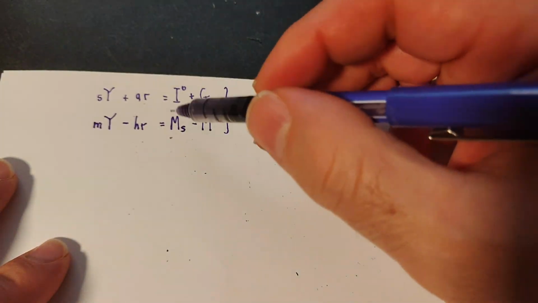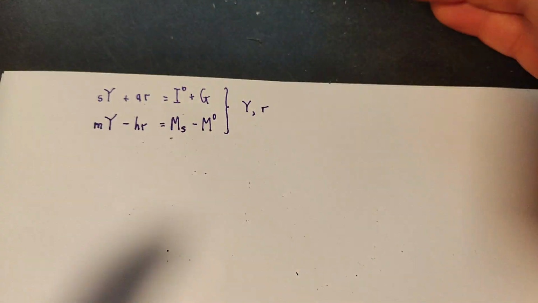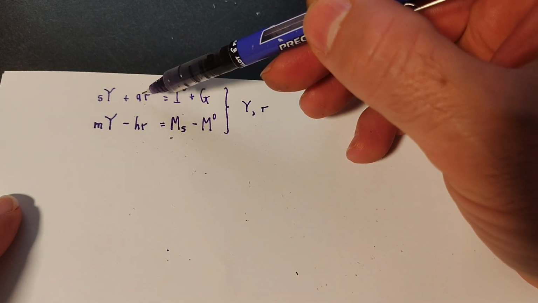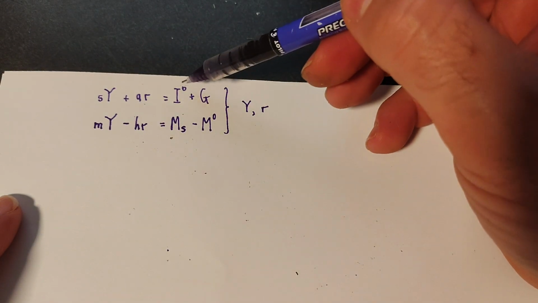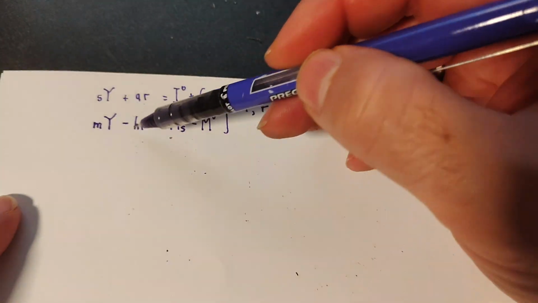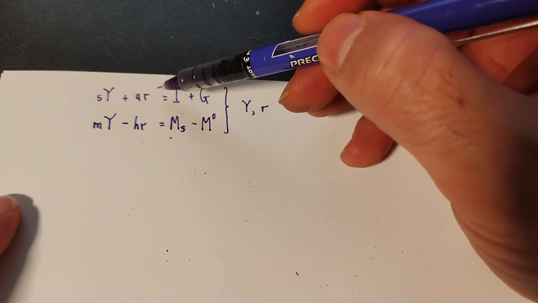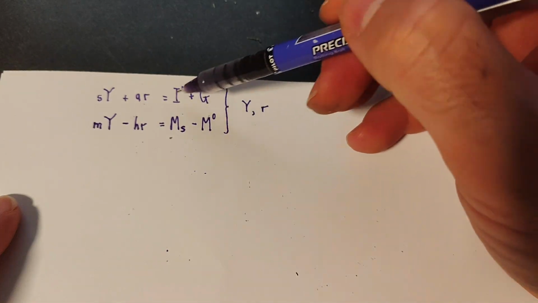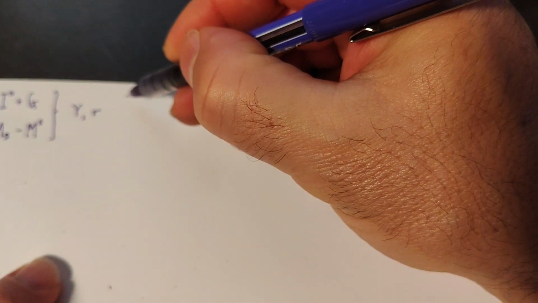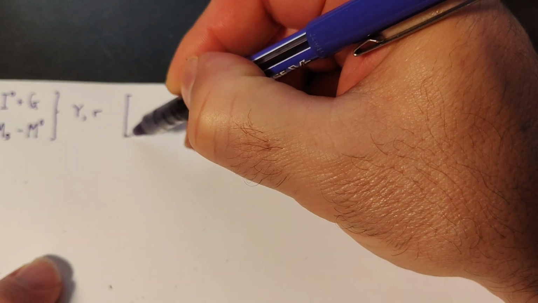So we have to write this in a way where we put this into matrix form. Okay, so here you can see there's a Y here and there's an R there. There's a Y here and there's an R there, and there's this constant. So I'm thinking we can make a matrix and then have vector Y and R, and then have this as vector B. So this matrix system can be written as such, and we can double check this.